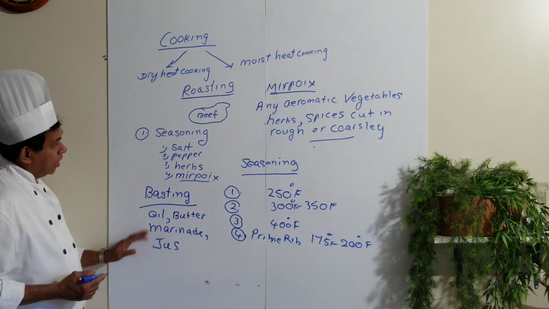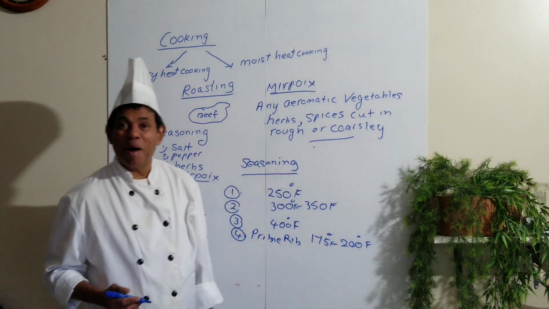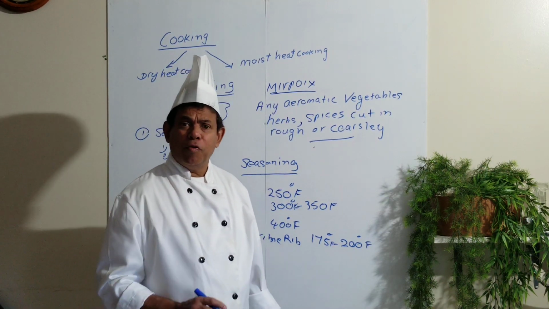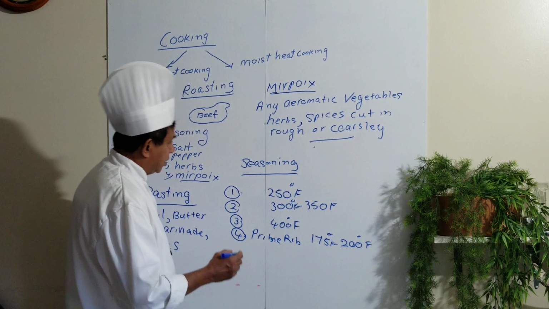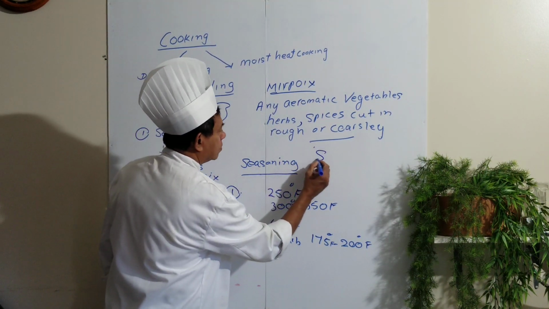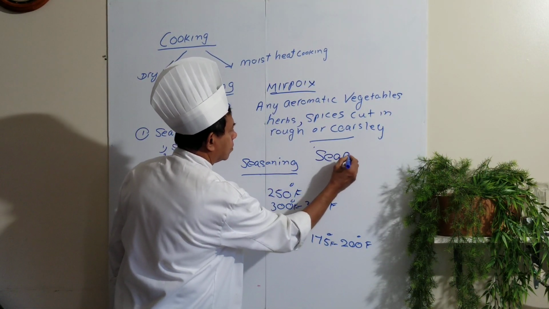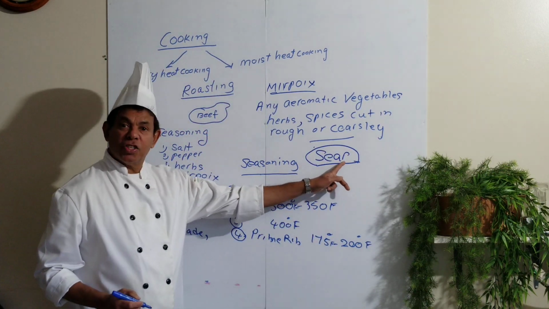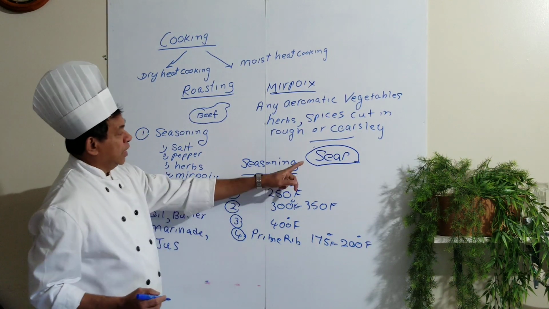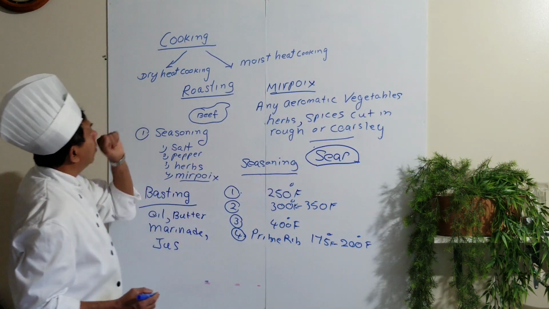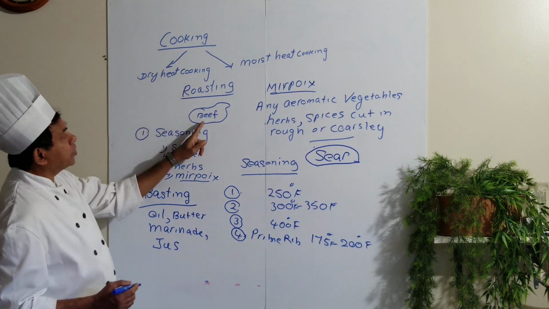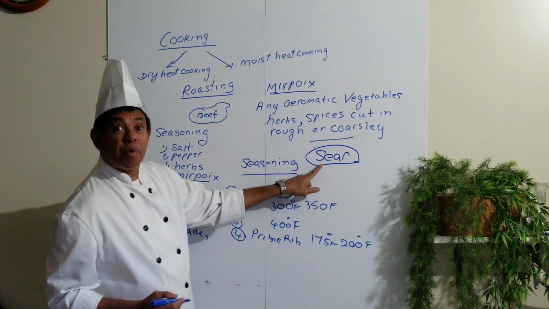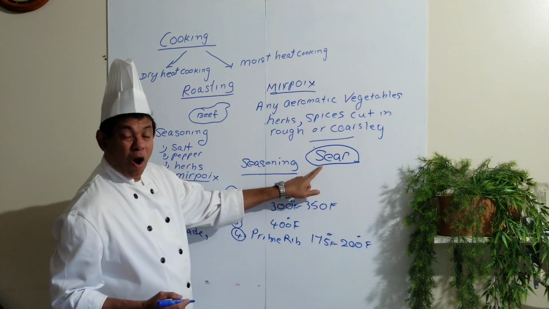So now keep in mind these things. In my next video clip there is another one. Before ending, I'm going to talk to you about sear, S-E-A-R. Sear means, when you do roasting beef, browning.